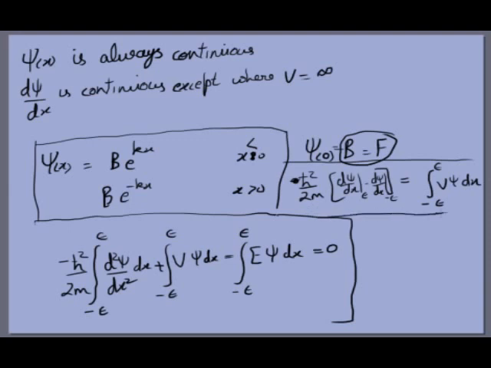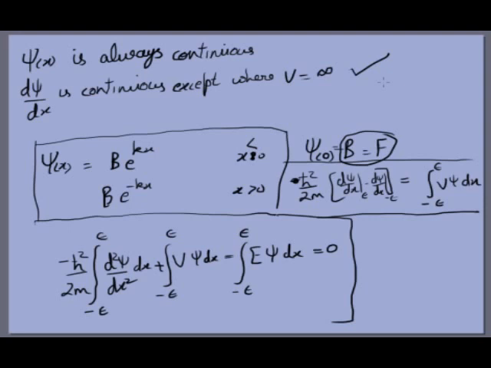Now in ordinary cases, if V is not infinite, then the RHS would be 0, which means dψ/dx at ε would be equal to dψ/dx at -ε, which means we've proved this result that whenever V is a finite value, dψ/dx has to be continuous.